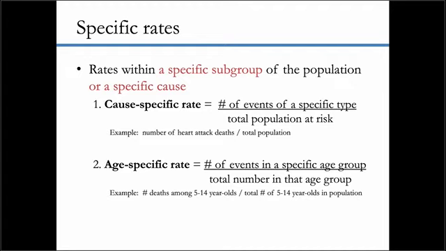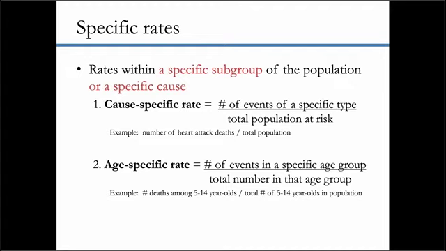So if we look at something like heart attack, theoretically our entire population is at risk for a heart attack. But we might want to look at both age and cause-specific heart attack death rate, where we can say what's the death rate or the mortality rate from heart attacks among those who are over 60 years old. And then we can compare those to those who are between the ages of 45 and 60.